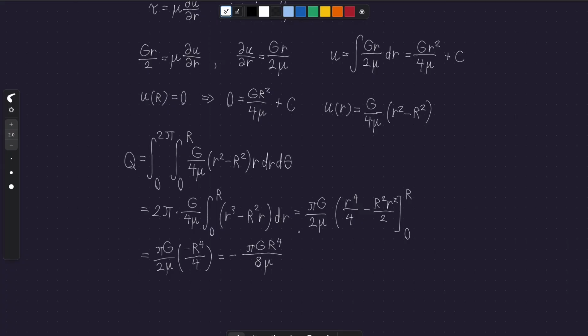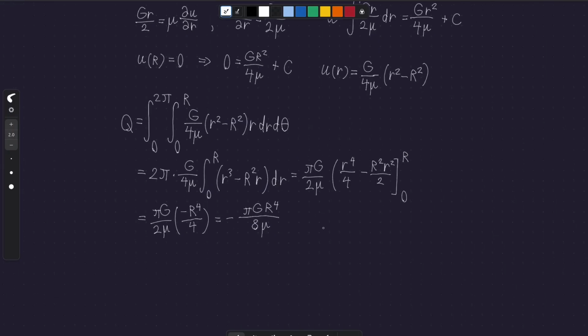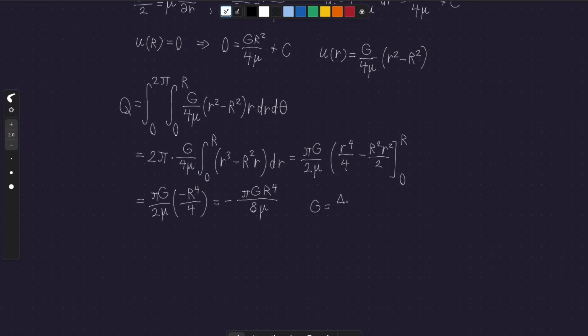Okay, but now we just have G. We would want to write it down as delta P over L. So this assumes that the pressure decreases linearly over a certain length of the pipe. So I'm going to isolate G. Okay, and then if I write G like this with delta P, I can bring L to the other side.